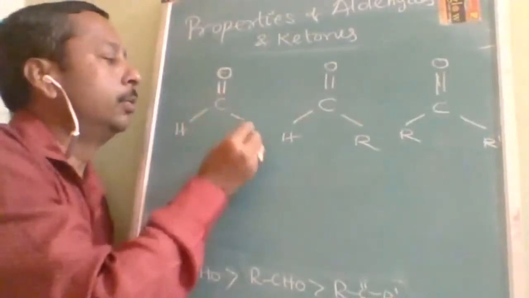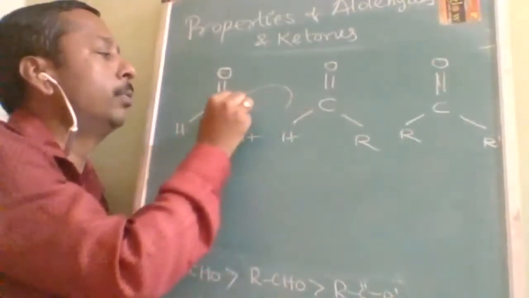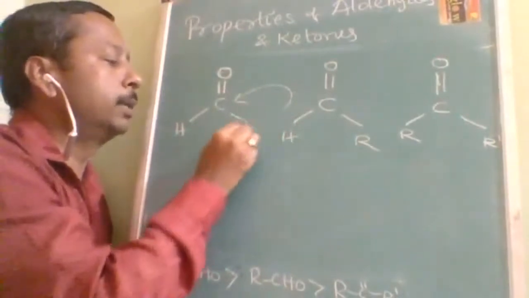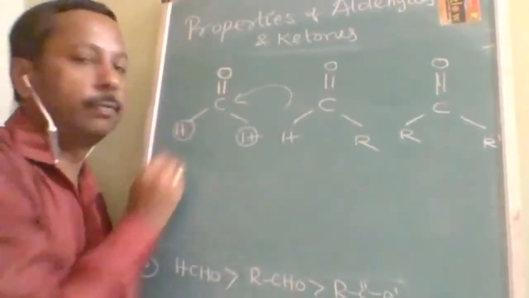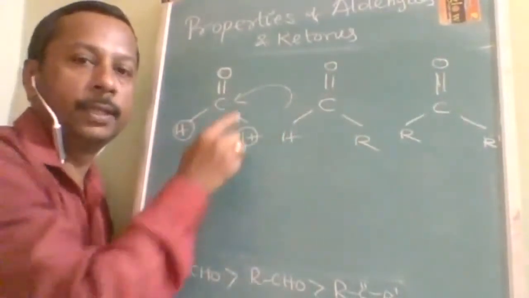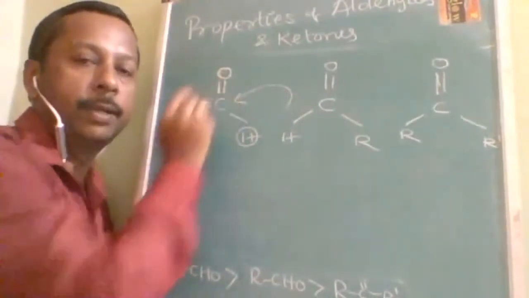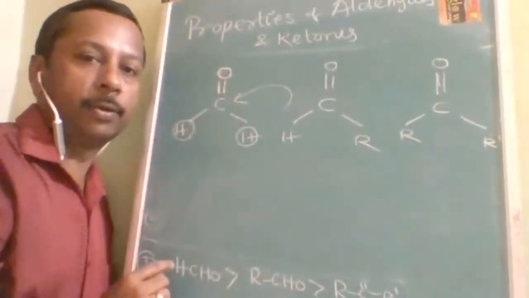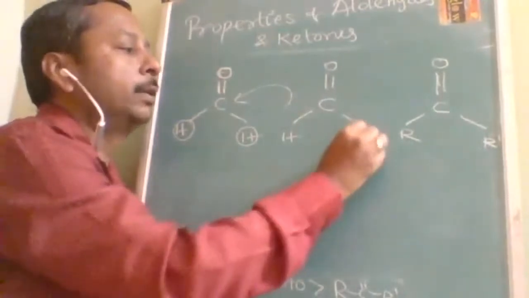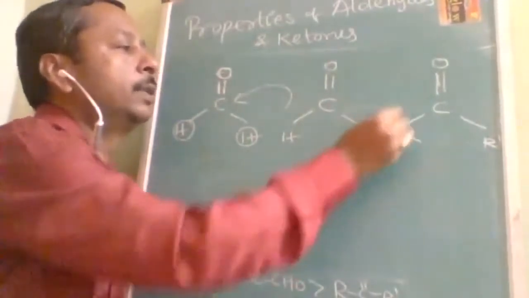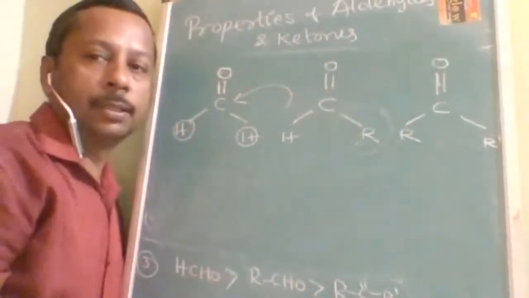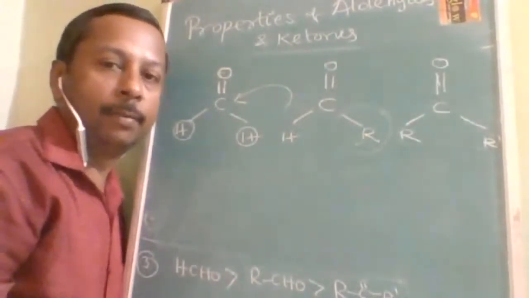If somebody wants to approach it, there is a lot of space because of the small size of the hydrogen. They can easily approach this carbon and easily break this carbon-oxygen pi bond. But when an alkyl group is there, one side is almost covered, therefore reactivity will be less.